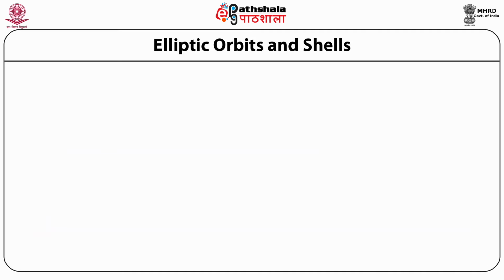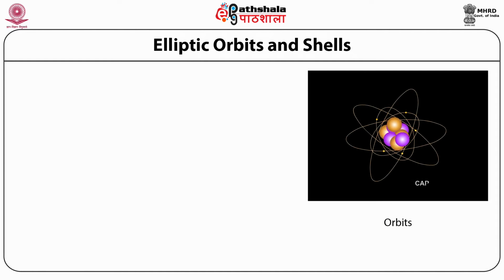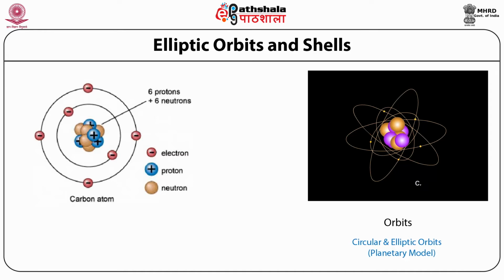This shows the atomic orbits, circular and elliptical, in the case of the carbon atom on the right, and you can see the shells on your left for the same carbon atom.